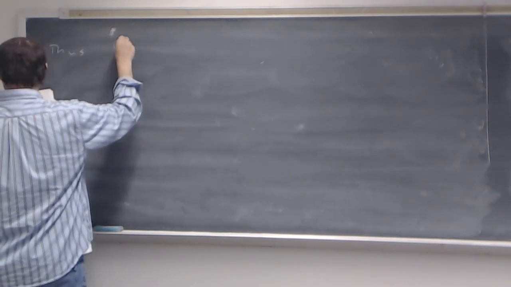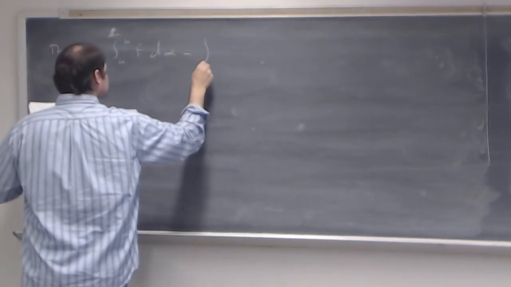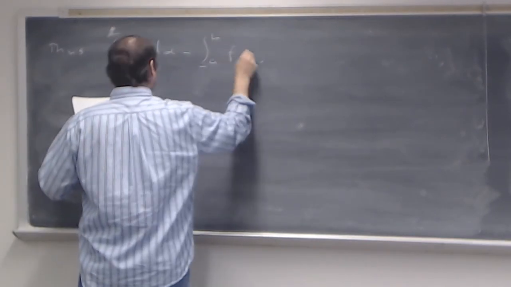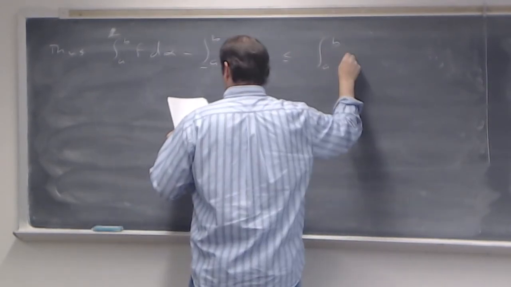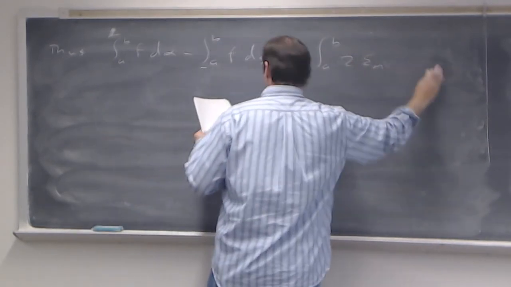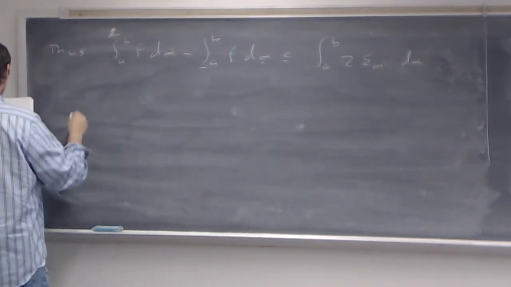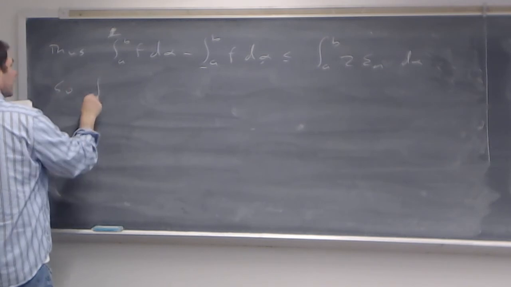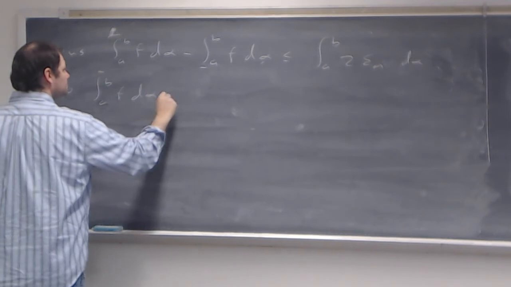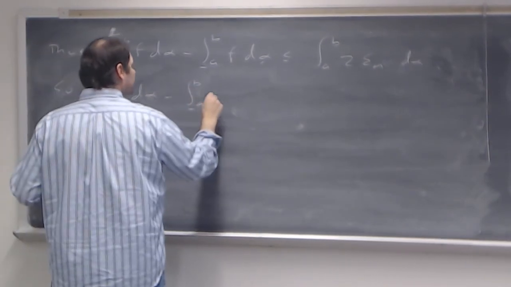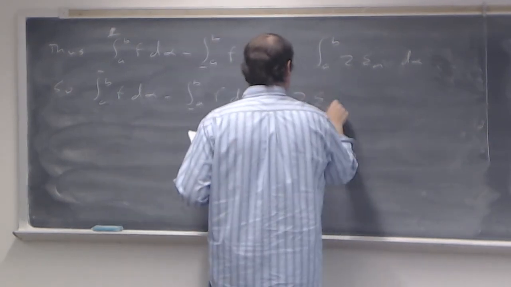Thus, we have the integral from a to b, the upper integral of f d alpha, minus the lower integral from a to b of f d alpha is less than or equal to the integral from a to b of 2 times epsilon sub n d alpha. And so we get that this difference between integrals is less than, this is a constant, we can bring it out.